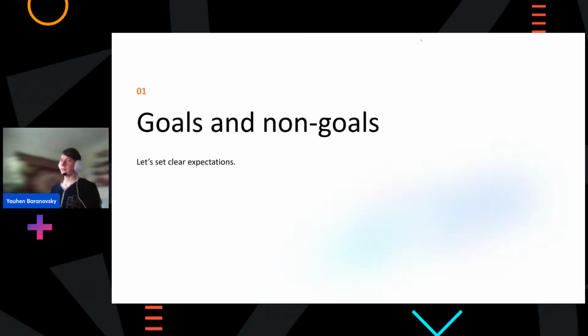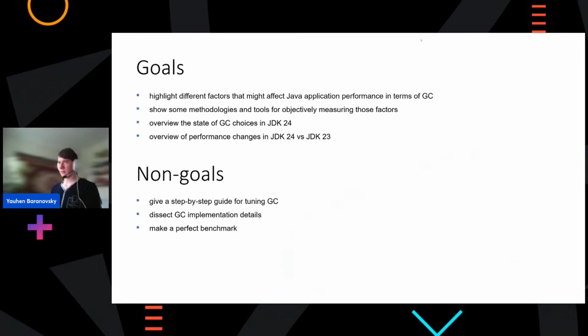Without further ado, let's get into goals and non-goals to set some clear expectations. So about the goals. The goals of this presentation include to highlight different factors that might affect your choice of performance tuning and especially garbage collection for Java applications.